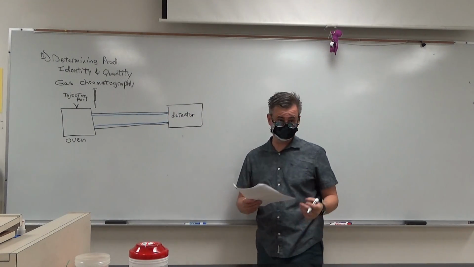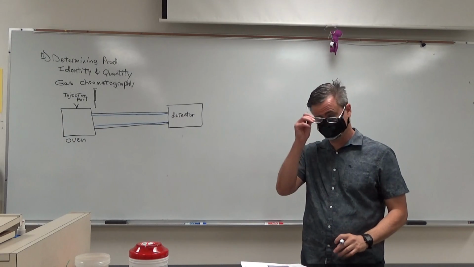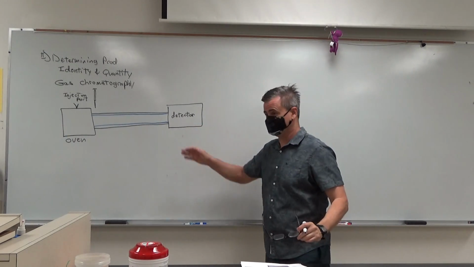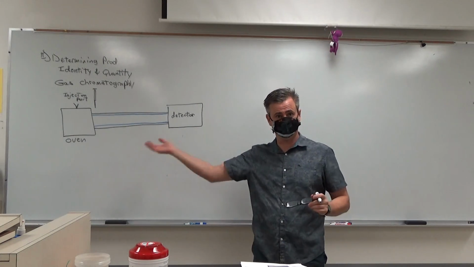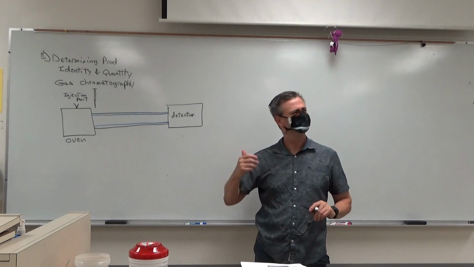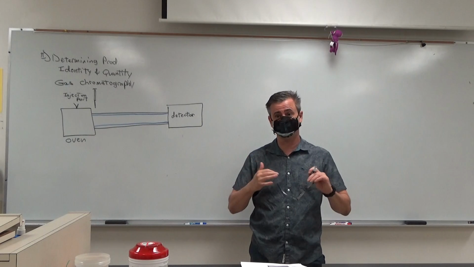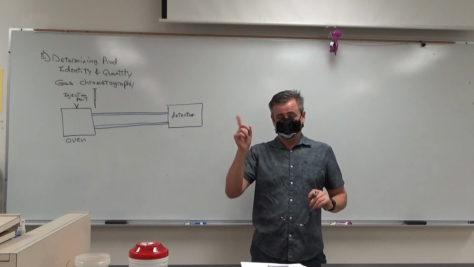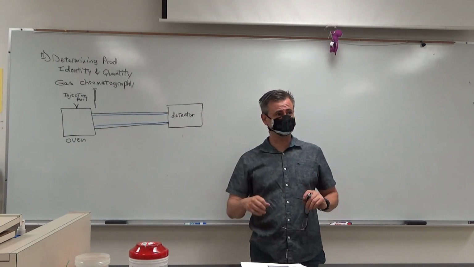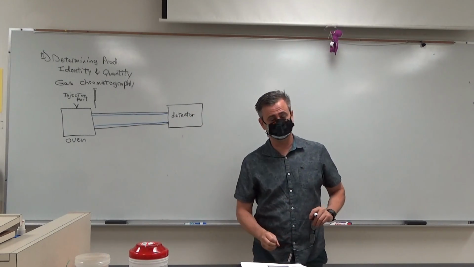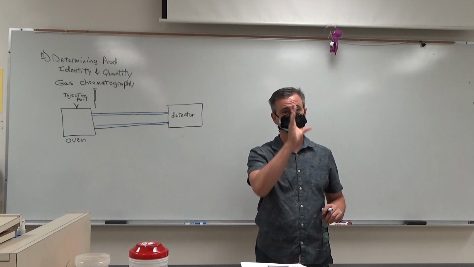The detector is vague, and I'm leaving it purposefully vague. There are lots of ways you can detect. You can have something over here that's looking for UV absorption. That would be great if your molecules had lots of alternating double bonds, but not really good for ours here because we just have one double bond. You can have something over here that's just burning anything that comes through.